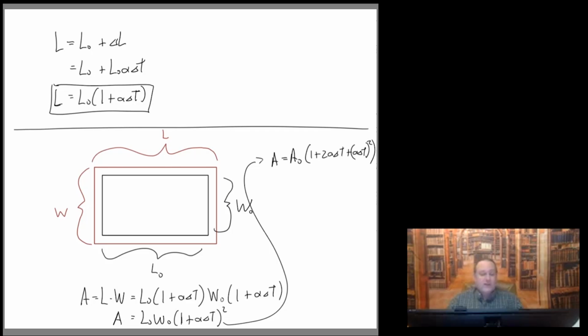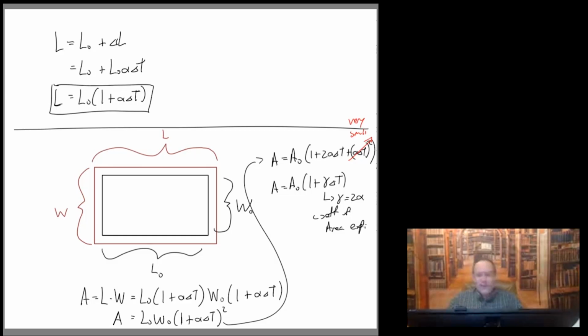And so if alpha delta T is small, then we can say alpha delta T squared is very small, and ignore it. So we get A equals A naught times 1 plus gamma delta T, where gamma is equal to 2 alpha and is called the coefficient of area expansion. Instead of linear expansion, it's area expansion.